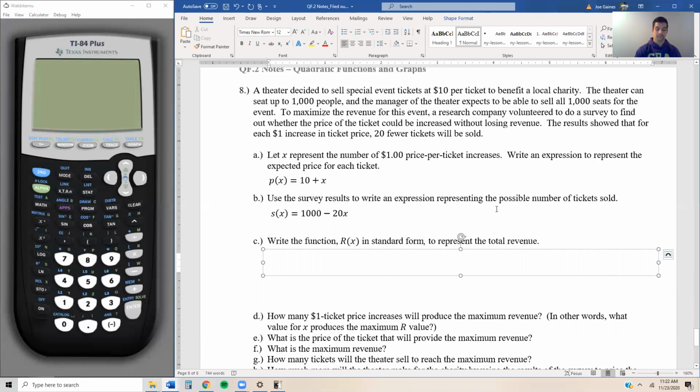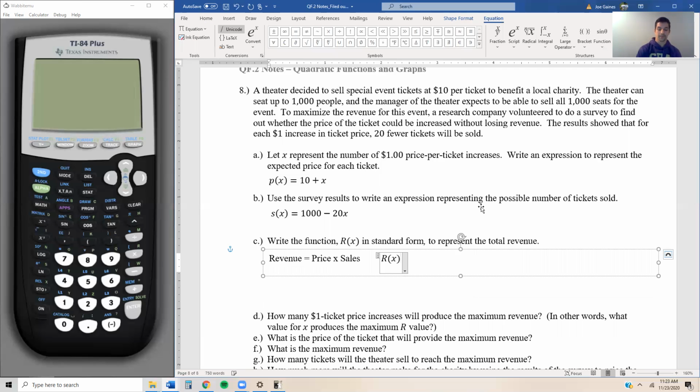So revenue is equal to the price times the sales. So if we want to find R of X, our revenue, R stands for revenue. It's going to be equal to P of X, our price, times S of X, our sales.